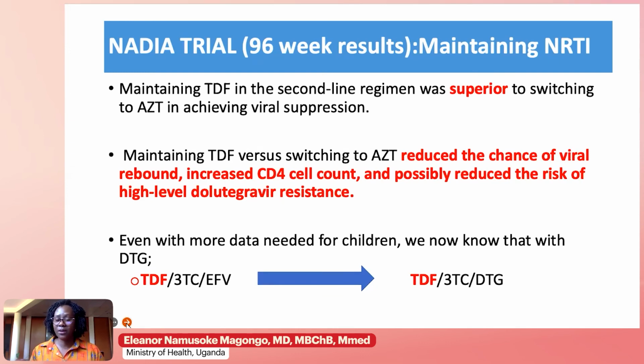So when you look closely at these results, you can even say that maybe AZT is not so good in preventing high-level dolutegravir resistance, while being on TDF seems to have some form of protective effect. So even with more data needed for children, we know that we can confidently maintain the NRTI backbone and have our clients do well. So do we need to change ABC to AZT/3TC? No.